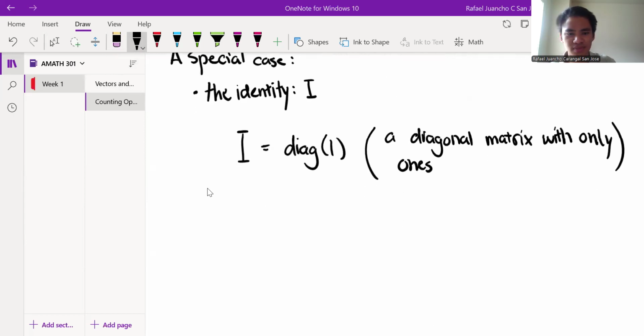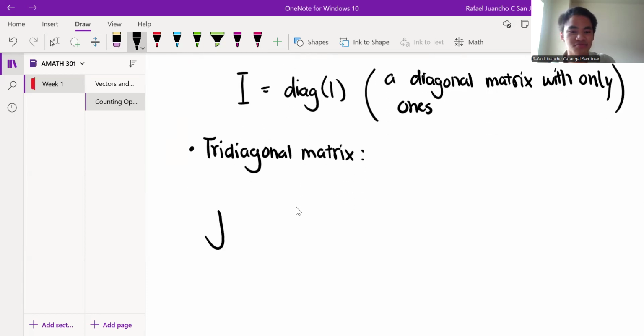Okay. We also have what we call a tridiagonal matrix. What's a tridiagonal matrix? Well, since we did I, now let's do J. Let's make it general.